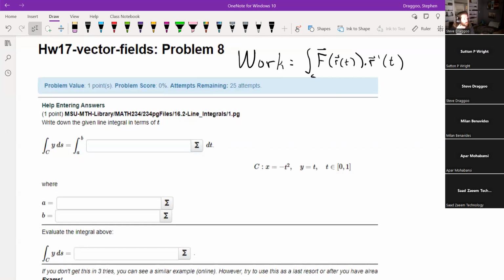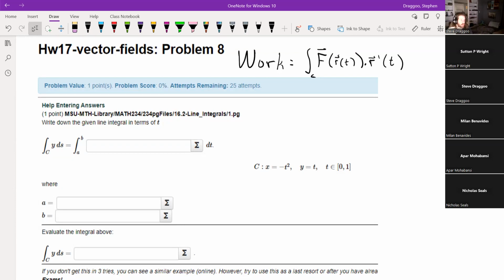Okay, so write down the given line integral in terms of t with the added equation here that work is equal to a line integral of some kind. This came up in at least a couple of the WebWork problems we have, and it will be important to know for the exam.